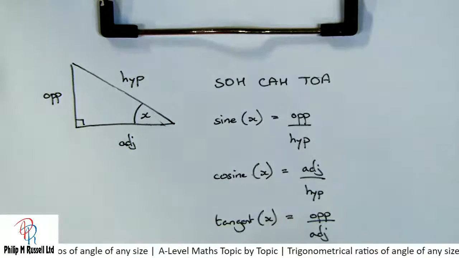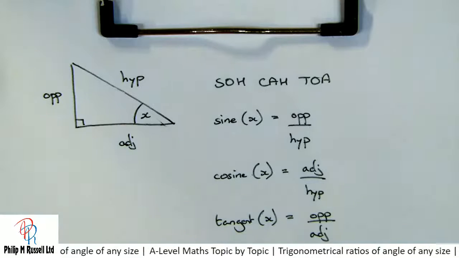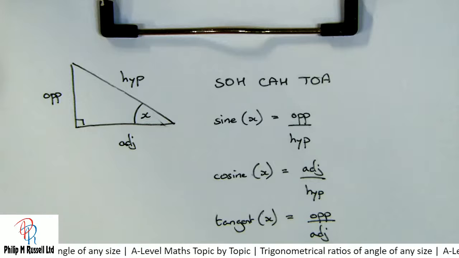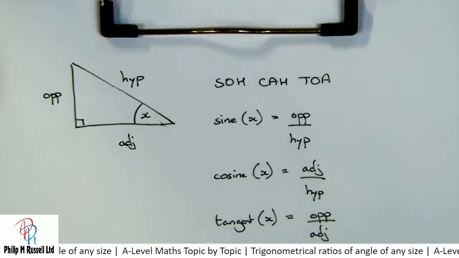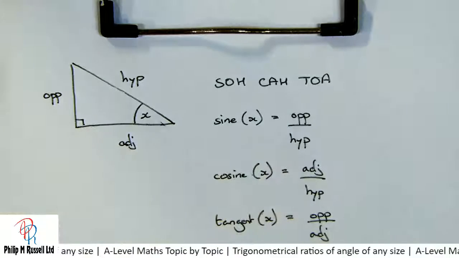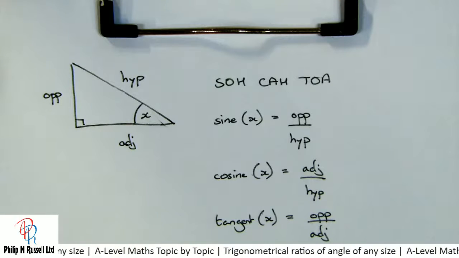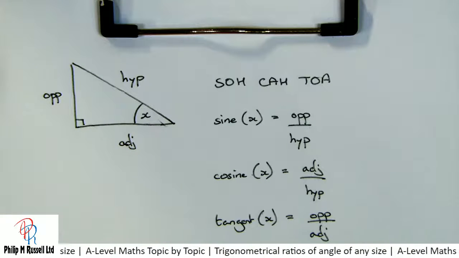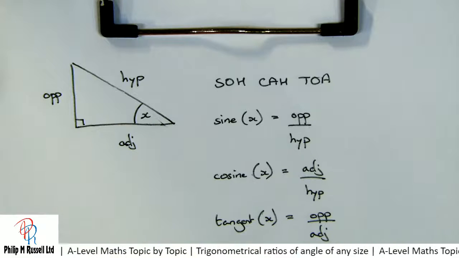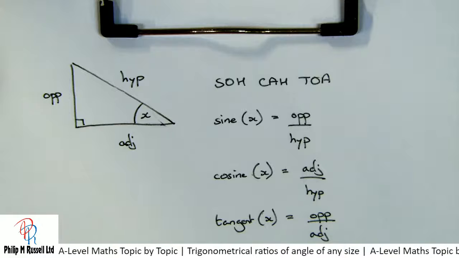And this is all standard GCSE maths, and hopefully everyone's really happy with this. And this is all to do with right angle triangles. But let's suppose we don't have a right angle triangle. What are we going to try to do with this?